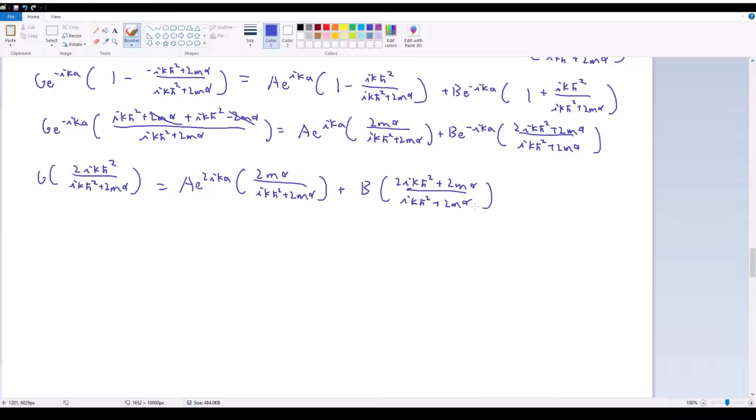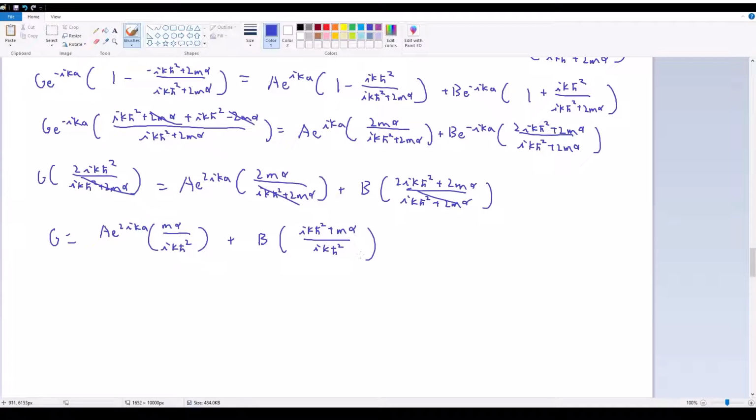Okay, now we just got to move everything over. So g on its own is therefore equal. Everything at the bottom cancels out. What we're left with is a e to the 2 ika multiplied by, the 2's cancel out, we get m alpha over ik h bar squared. Is that correct? Yeah. And then plus b, and then this is going to be, the 2's cancel out, once again we get ik h bar squared plus m alpha divided by ik h bar squared.